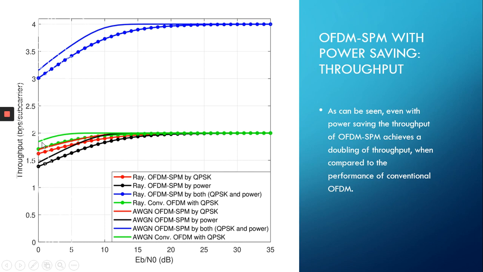And the same thing applies to an AWGN channel. As you can see, as the SNR gets higher, OFDM-SPM's throughput saturates at a value of 4, whereas conventional OFDM saturates at a value of 2, which is literally double the throughput. So that's a great performance.